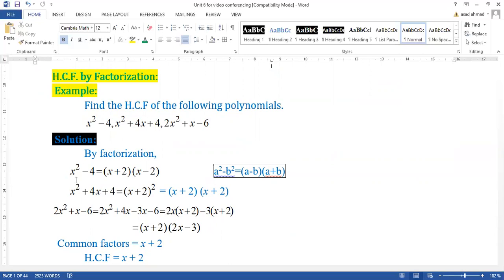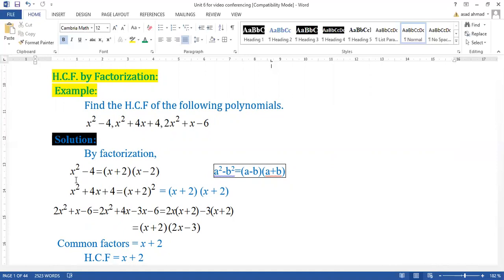You will notice that in all the questions under this chapter, the factorization will not be quite difficult. It will be simple factorization.